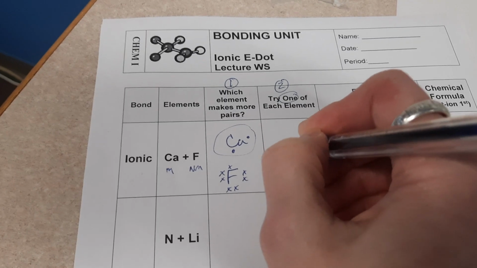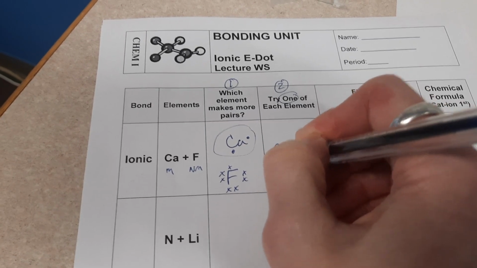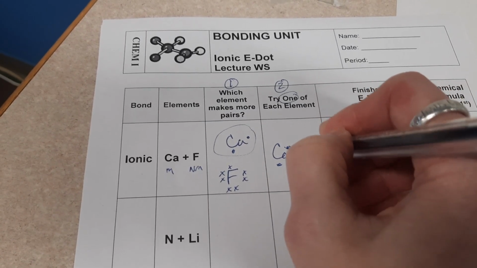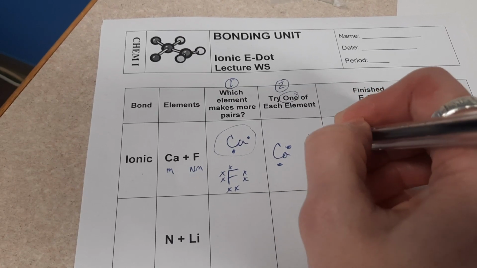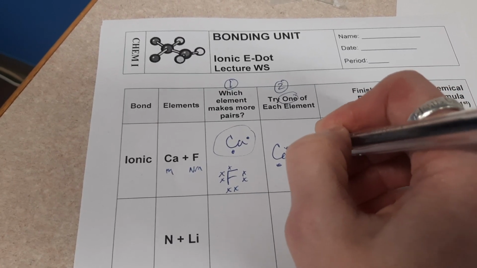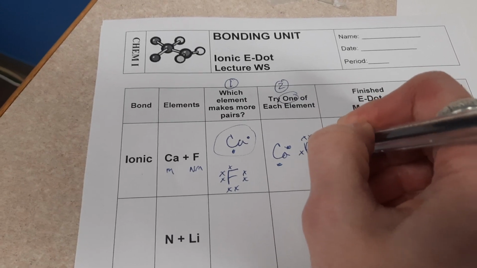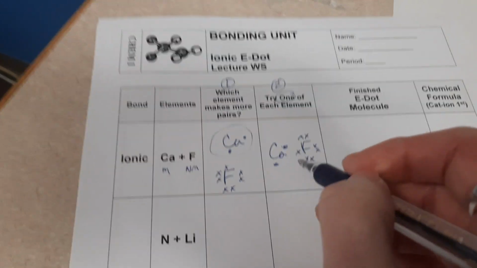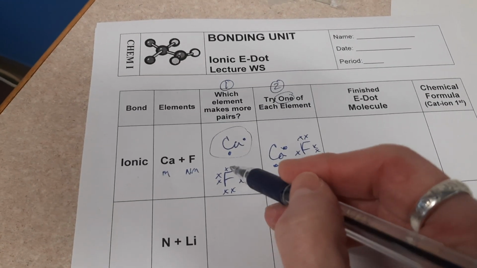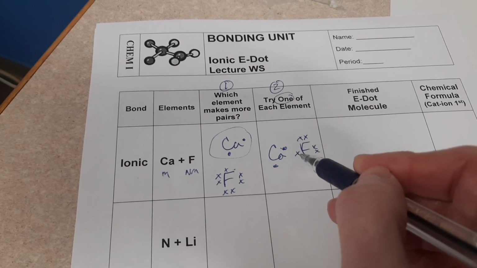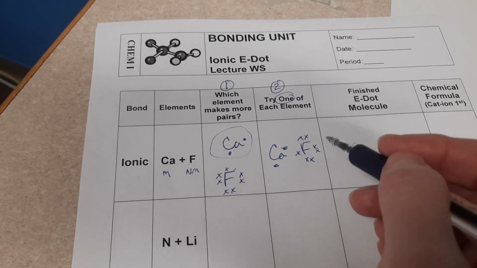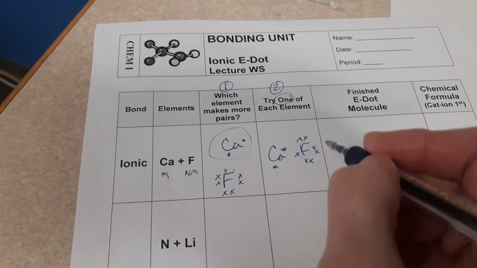So here's calcium with its two E dots, and then fluorine. And notice that I can put my dots on any side that can fit my purpose. So for example, fluorine had one dot at the top, now I have it on the side. So I can put that dot, that single, anywhere I want it to go.